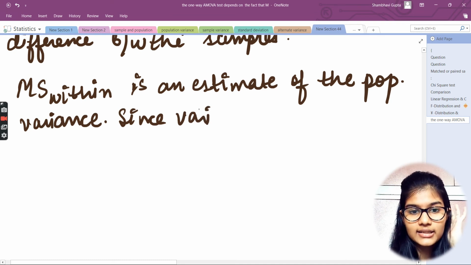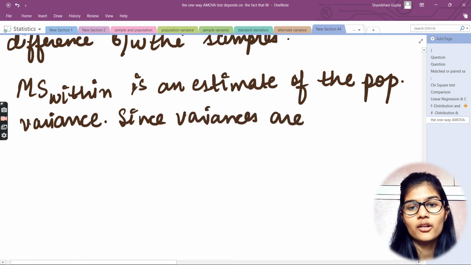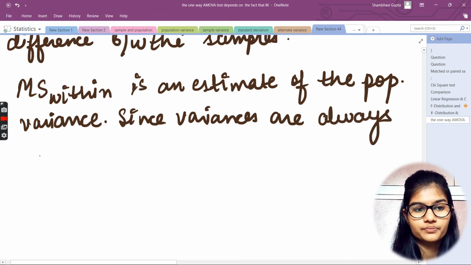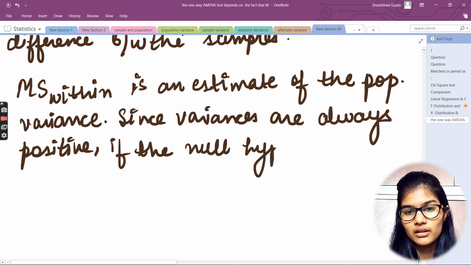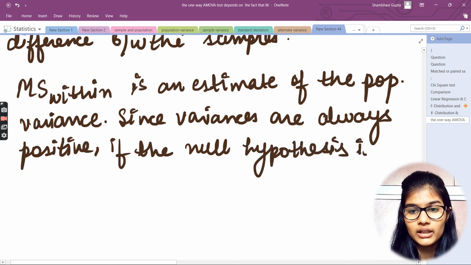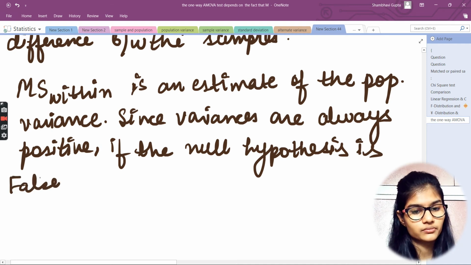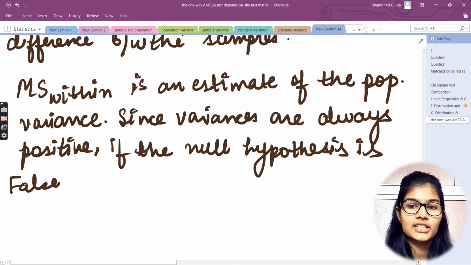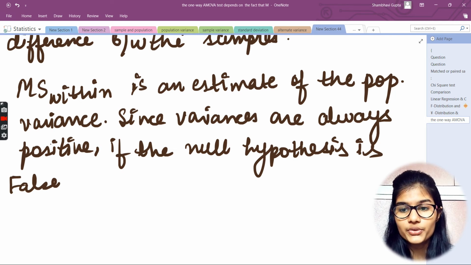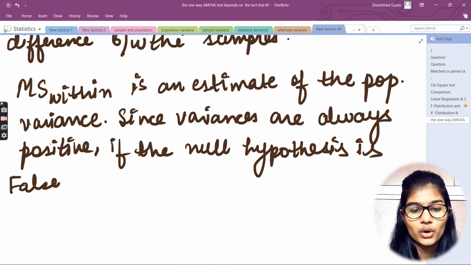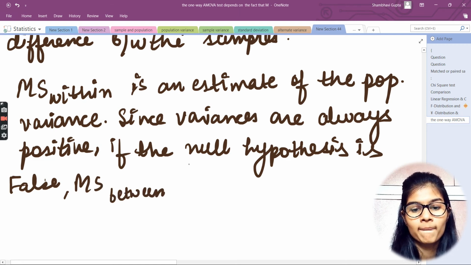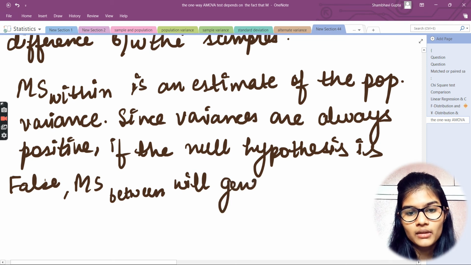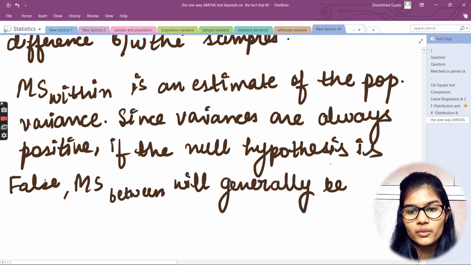So since variances are always positive, if the null hypothesis is false, then in that case MS between will generally be larger.